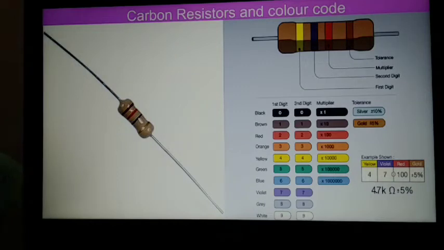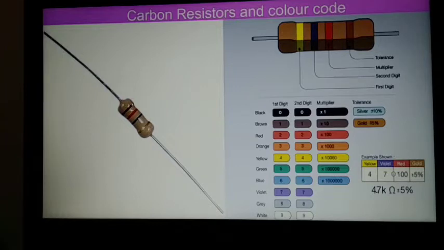In the electronic market, you can buy carbon resistors, and these carbon resistors have their own particular values. I will show you a carbon resistor. See, this is a carbon resistor.